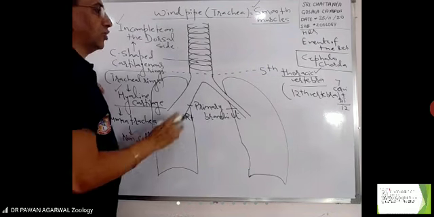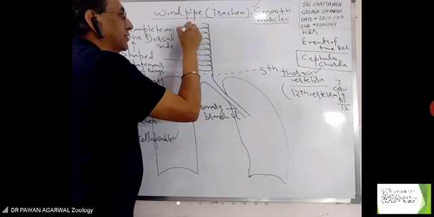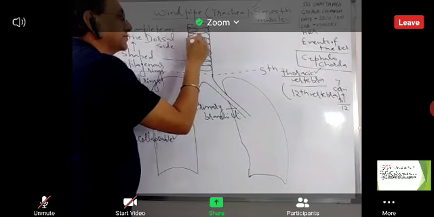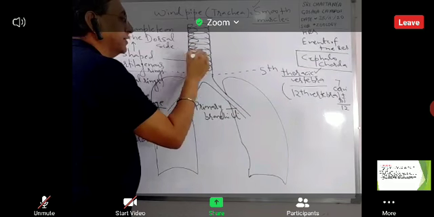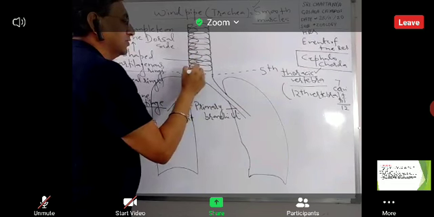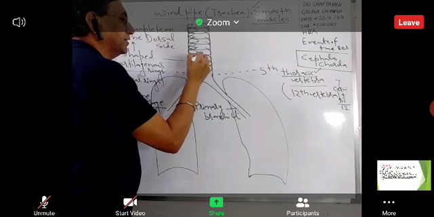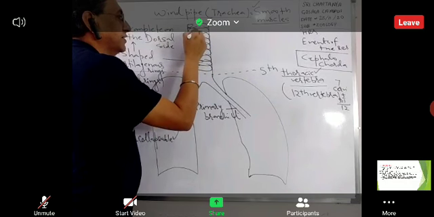See, internally it is lined by pseudo-stratified ciliated columnar epithelium.